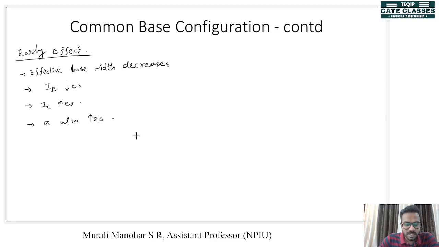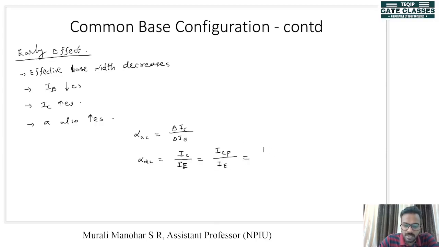The value of this alpha in case of AC signals is called alpha AC, and it can be written as delta IC divided by delta IE. And in case of DC voltage, it can be written as alpha DC equal to IC by IE. This can be written as ICP divided by IE, because the major portion of IC is ICP only.